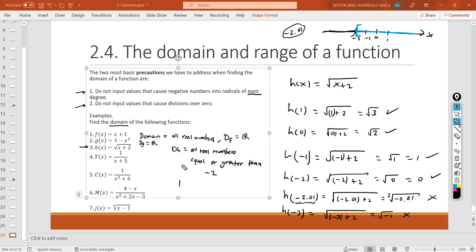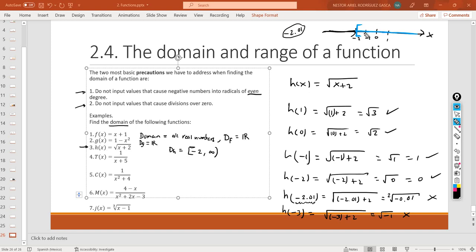Now this is too much, right? How can I write this instead of all of this phrasing? Well, the notation for intervals is there for a reason. The domain of h is equal to this: all the numbers from minus 2, including it, up to plus infinity.